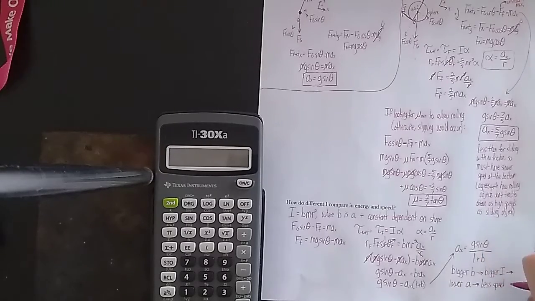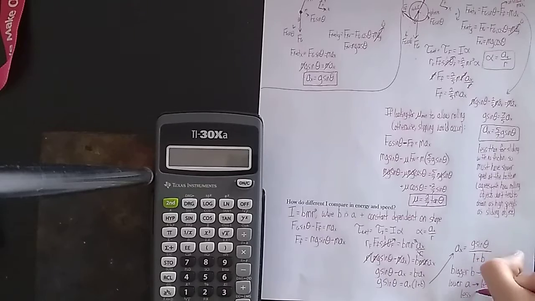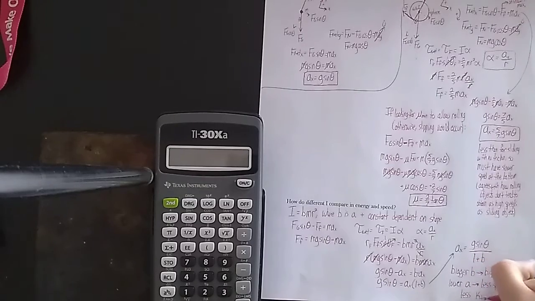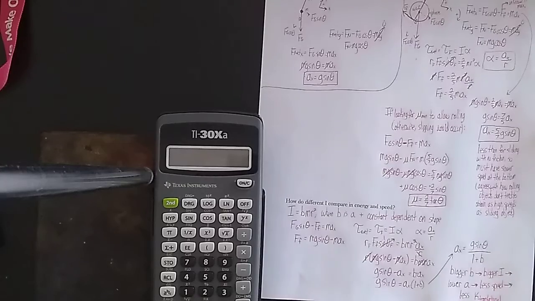And from 1/2 mv squared, that leads to less translational kinetic energy. Okay? And that is why objects with greater moments of inertia have less energy and move slower down the ramp. They do not get to the end of the ramp as quickly or as fast.